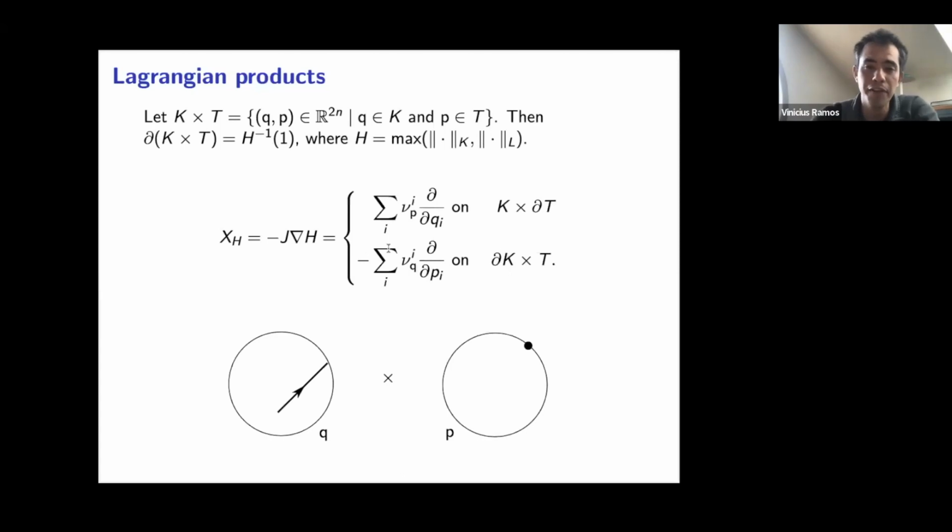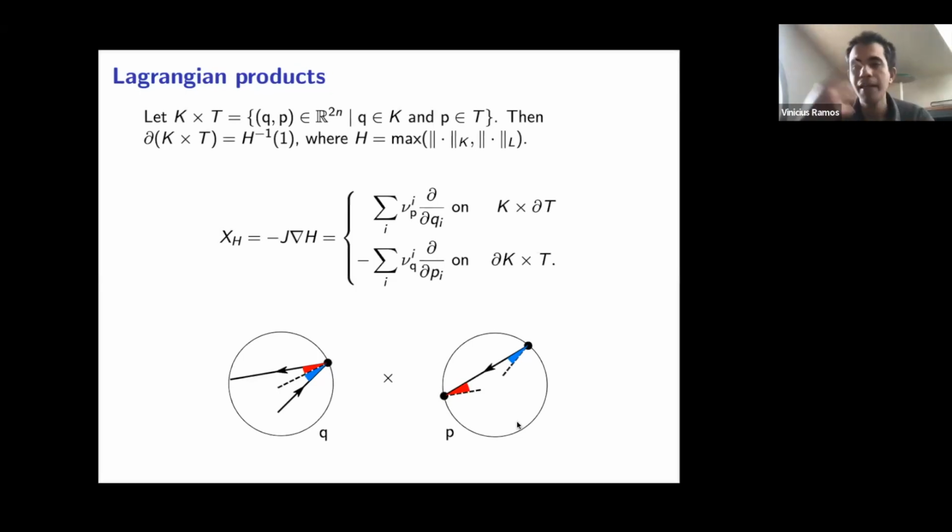Now I have to follow the direction of the normal to K, but I have to move p in that direction with a minus sign. So this direction is minus the normal to K. And then I keep going. Now I go back to K times the boundary of T. You can notice that the blue angles and the red angles coincide.